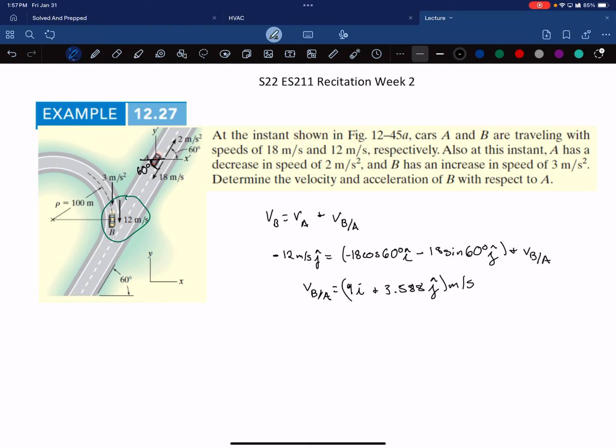And again, if we want to do magnitude and angle, the magnitude of VB with respect to A is the square root of 9 squared plus 3.588 squared, and that's going to give us 9.69 meters per second.